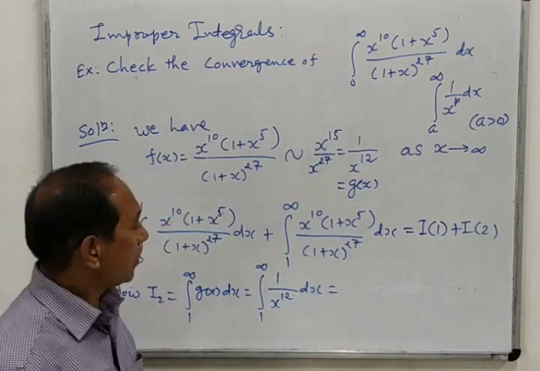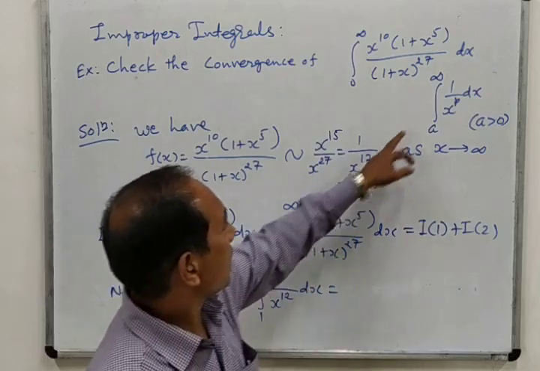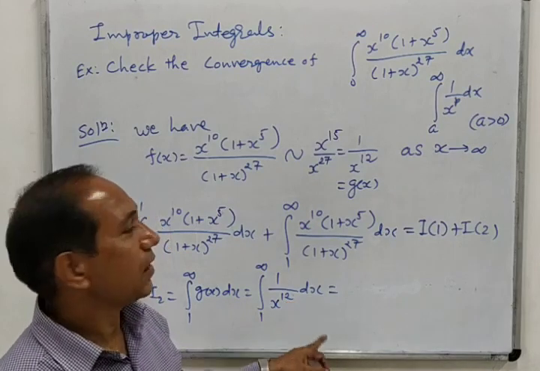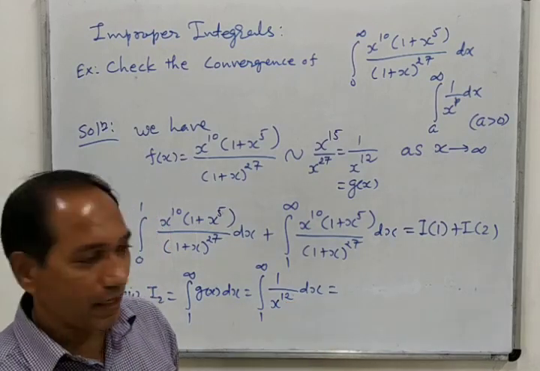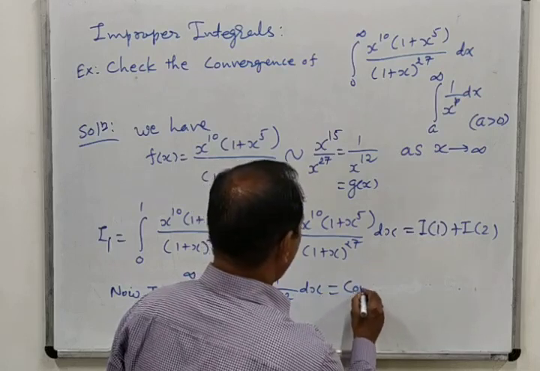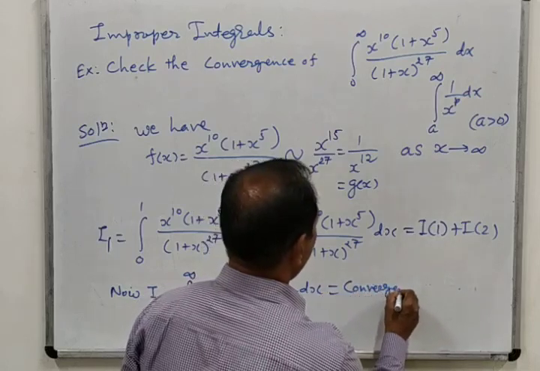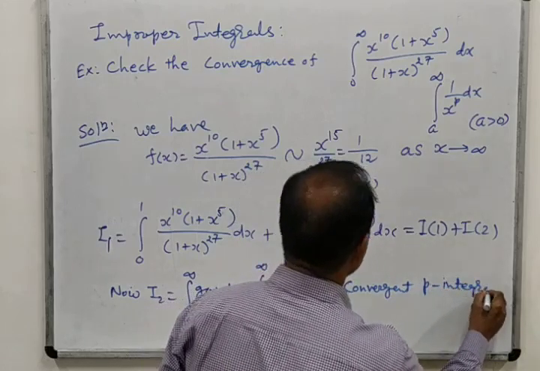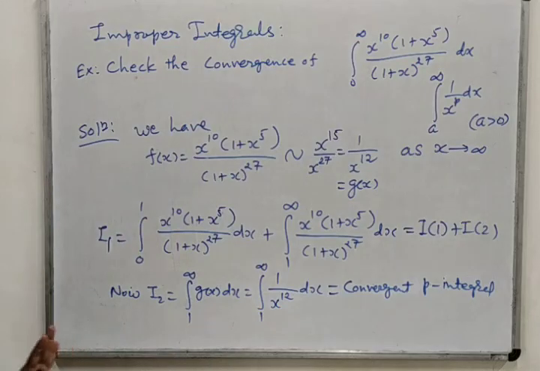Okay. So if we compare it with this p integral, p equal to 12, and 12 is greater than 1, so it is convergent by our p integral theorem.